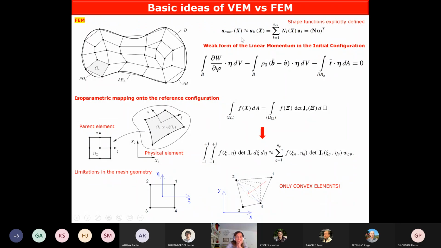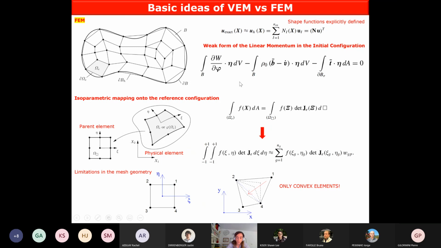In the framework of a displacement-based approach, the displacements, so the primal variables of the problem, the exact displacements, are approximated by a discrete solution, the ansatz, that is defined within the entire domain through the shape functions that are explicitly defined for each node x of the domain.